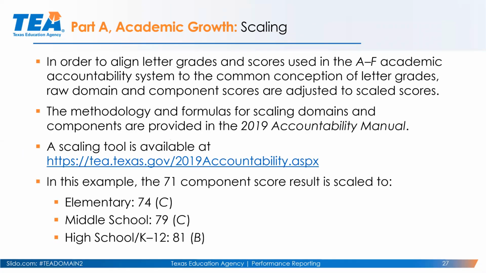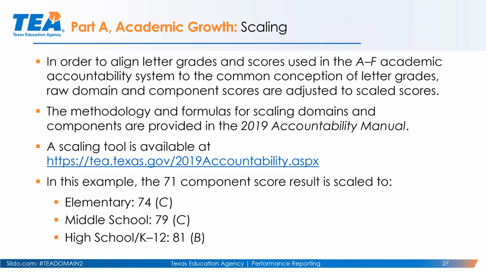In order to align grades and scores in the A through F academic accountability system to the common conception of letter grades, the raw or component scores are adjusted to scale scores. The methodology and formulas for scaling domains and components are provided in the 2019 Accountability Manual, and a scaling tool is available at the following website.